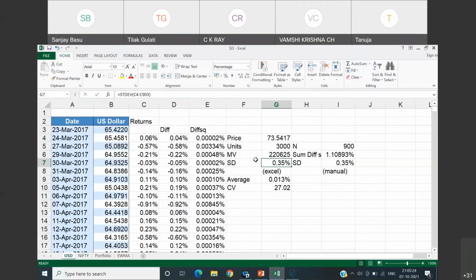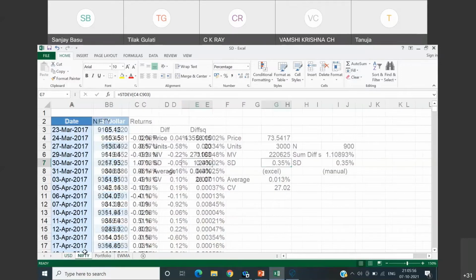Daily prices have moved by 0.35% on an average around the mean, which is very close to zero, in the past. So we believe that the volatility between today and tomorrow will also be 0.35%.